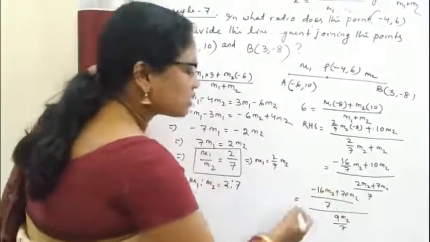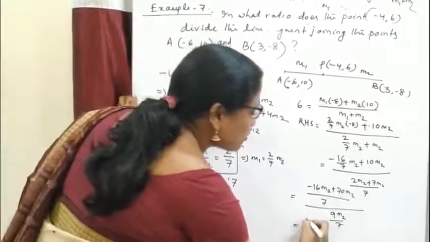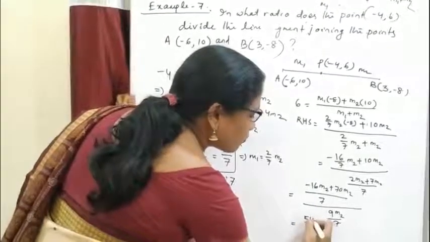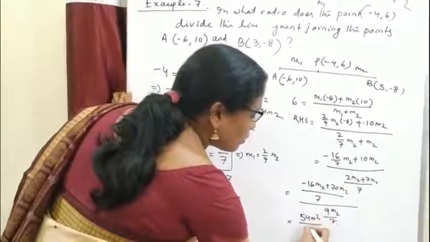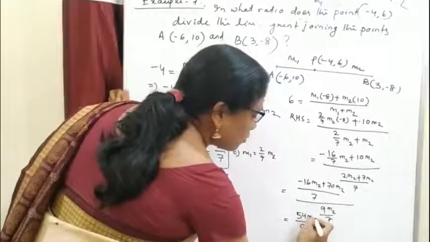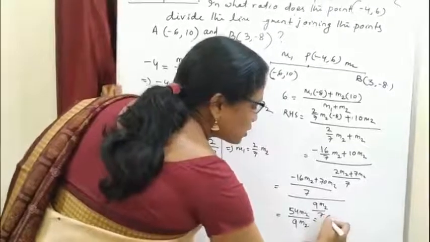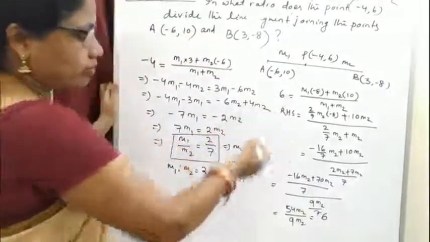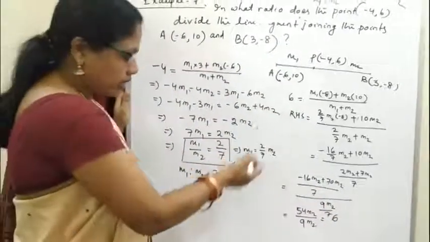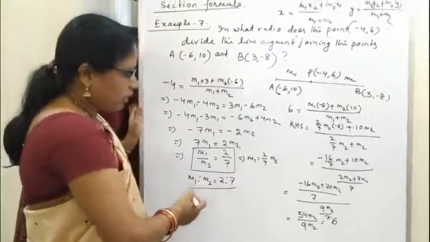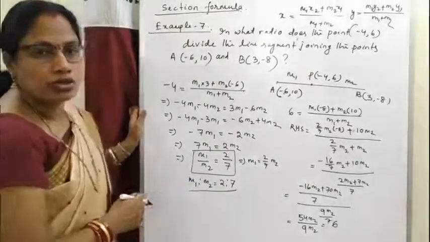So this is 54 m2 by 9 m2, which is equal to 6. So we got the y value 6, so our answer is correct. The ratio m1 to m2 is 2 to 7.